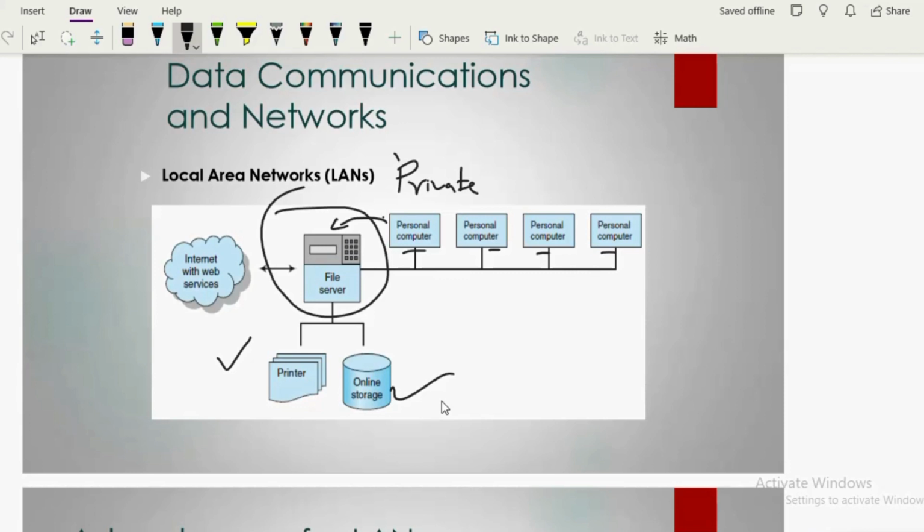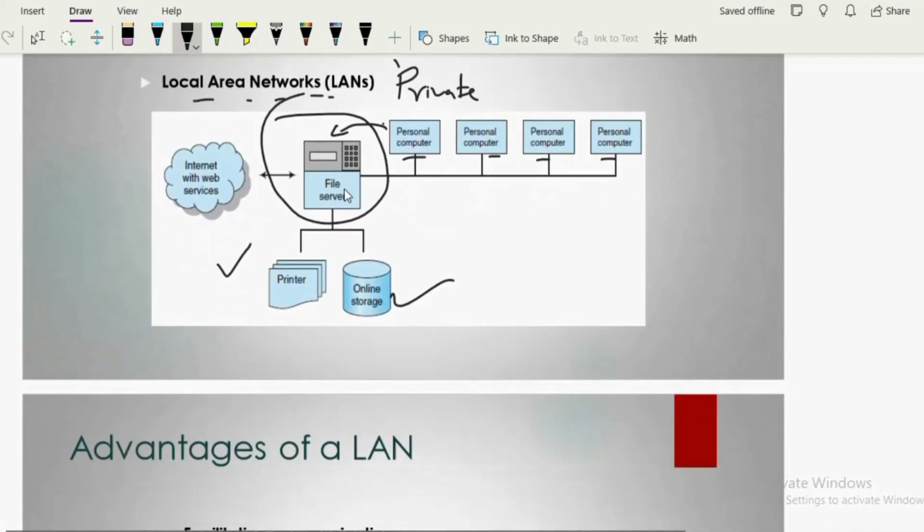If you remember, in your offices or in your college, there are some files which are available in the college central place, but when you go home you cannot access those files. So this is the example of the local area network.